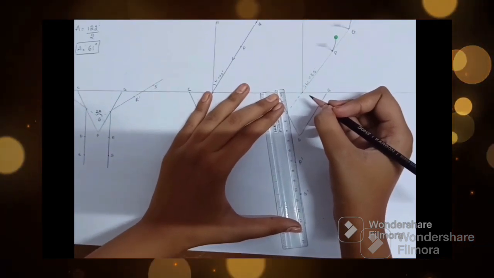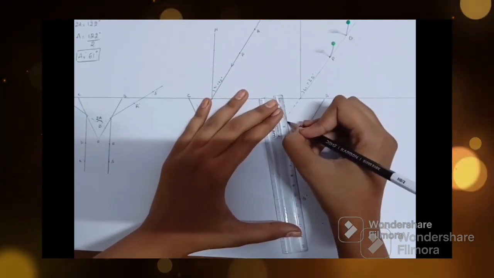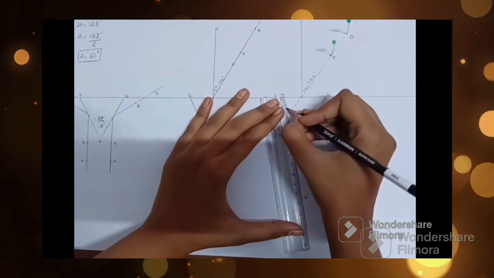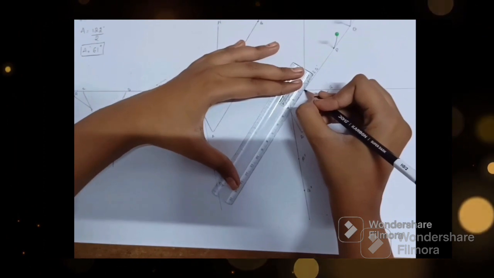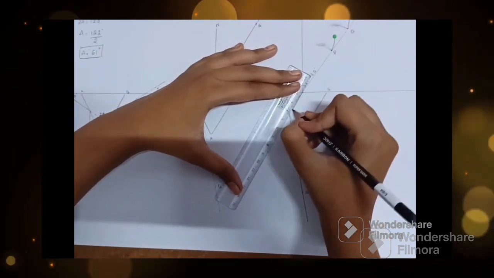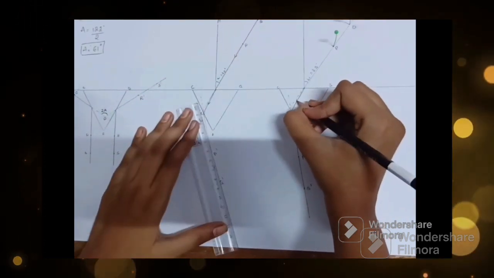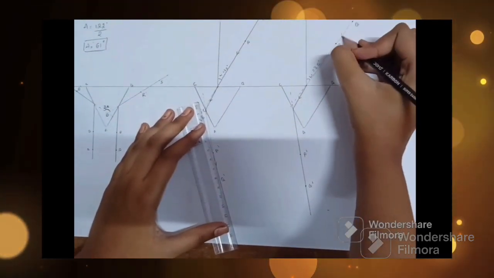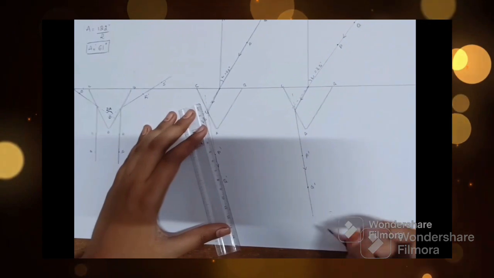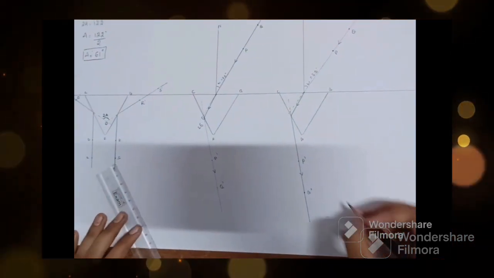Now similarly we will extend the incident ray and then we will extend the refracted ray. This is the refracted ray.